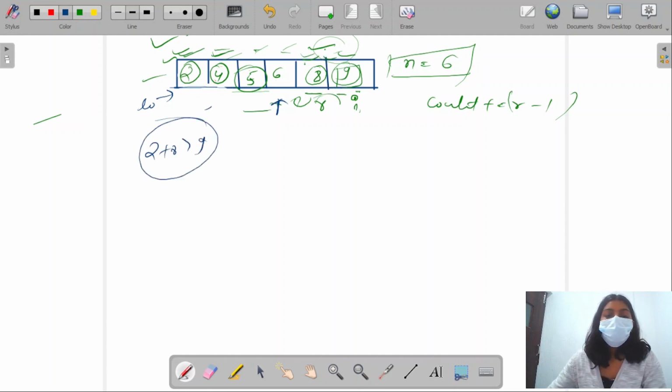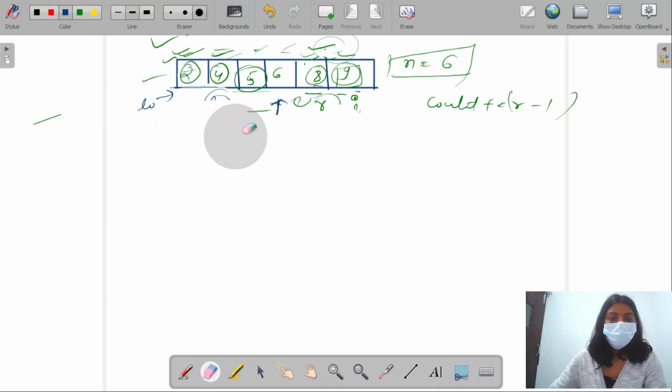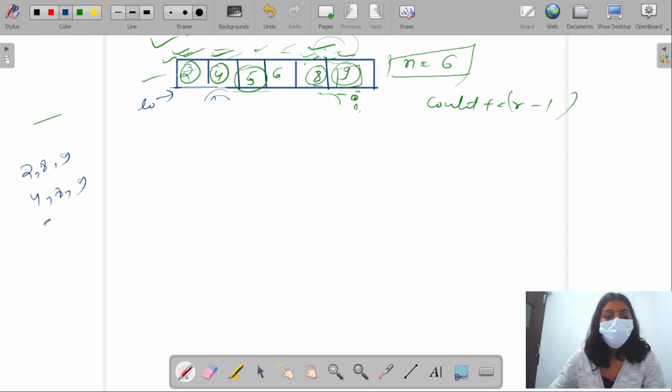Okay. So now I say, let's increase the low. Now again the same concept. If 2 is forming a triangle with the second highest and the highest side, it means 2, 8, 9 are forming a triangle, then if I increase my low, 4, 8, 9 is also going to form a triangle.